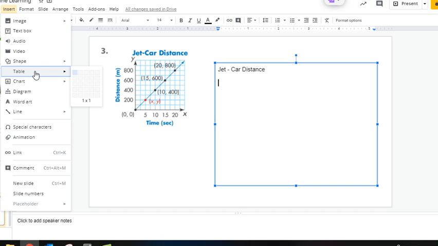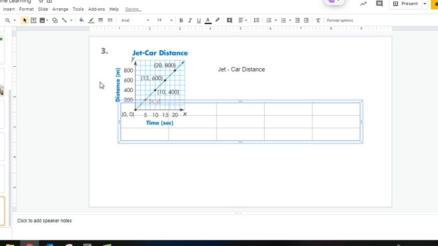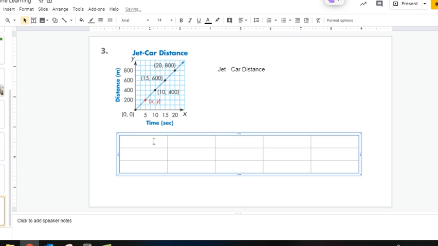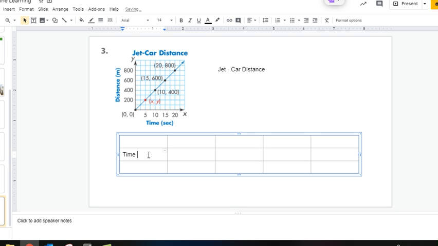How many points do I have? 1, 2, 3, 4, including the title, and then 3. Well, that's fun. Of course, it doesn't move where I want it to. Okay, so time is our X, distance is our Y.